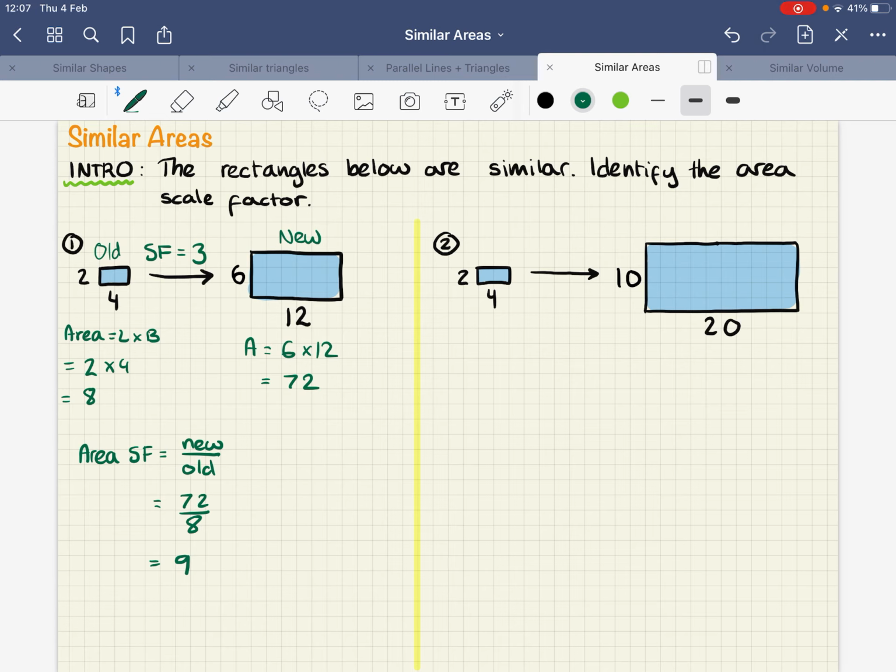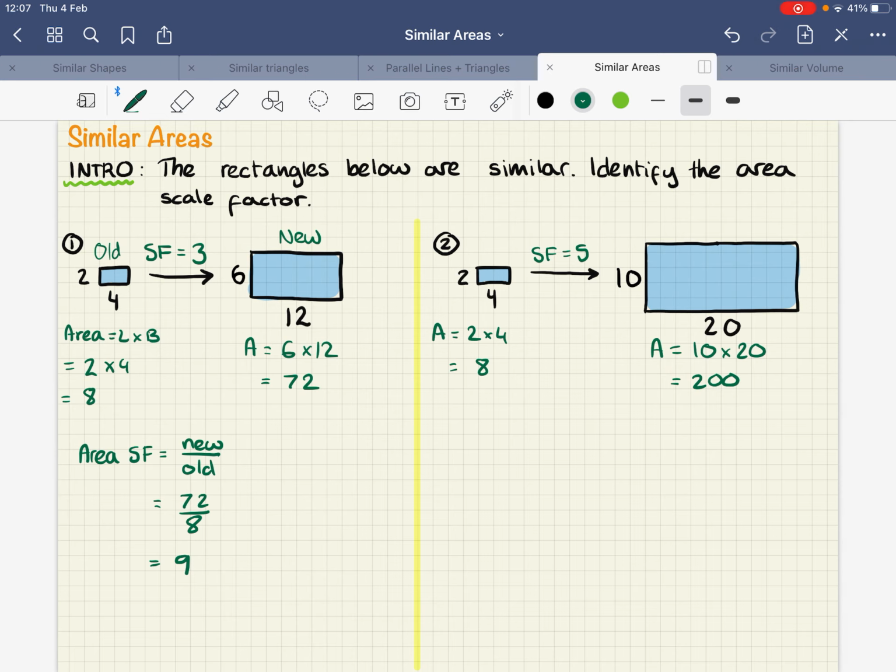I'm going to go on to question 2 here. So I'm going to do a similar thing to what I've just done. So here, my scale factor, 2 times the 5 would give me 10, and 4 times 5 would give me 20. So I'm going to find the area for both of these. So again, that smaller one is still 8. And for this one here, 10 times the 20, that's going to give me 200.